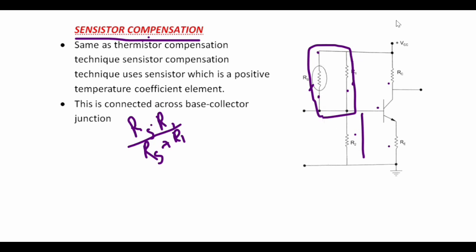Now let us see how it works. If the temperature increases, the collector leakage current also increases, that means IC also increases, and the resistance RS increases, so the equivalent resistance also increases.